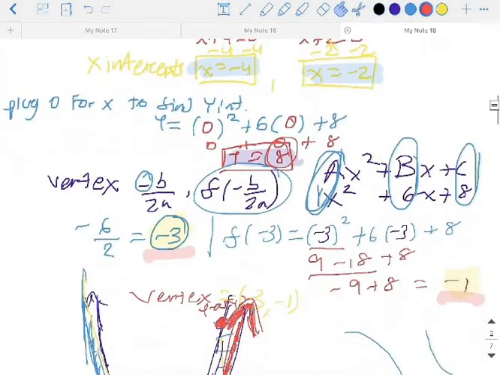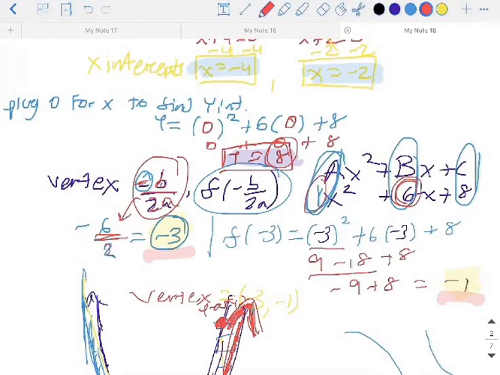The vertex needs to follow a special formula, which states that you have negative b over 2a, and then the function of negative b over 2a. So that's essentially plugging in your result, which we identified earlier, which was negative 6 over 2 times 1, which is 2, and the result of this is negative 3.